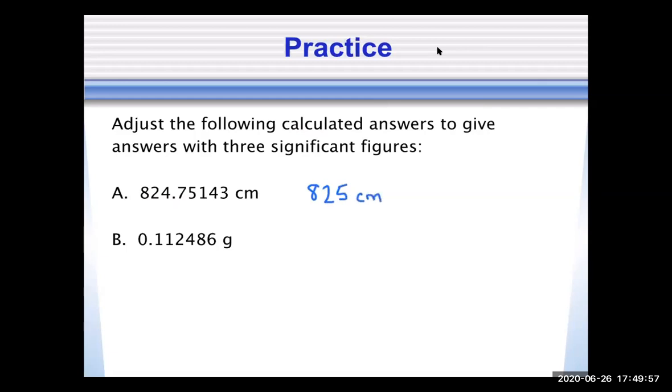The next number is 0.112. Those are the digits that we're keeping. We look to the next number, it's a 4, so we will be keeping it as is. So that's 0.112 grams. Both have been rounded to 3 significant figures.